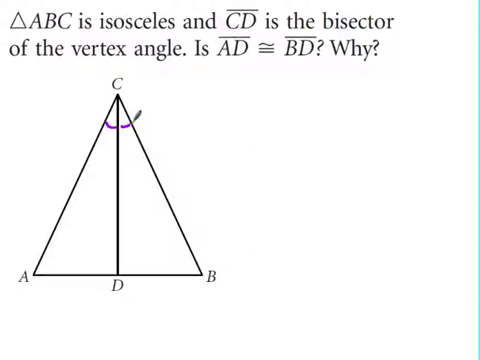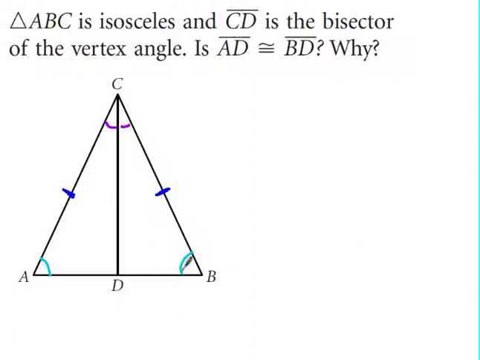If they tell you it's the vertex angle, what two sides are the same? AC and BC. Because remember that vertex angle is really key. And if those two sides are the same, what two angles are the same? A and B, because those are the angles opposite the sides. So I got all of that from the first statement.